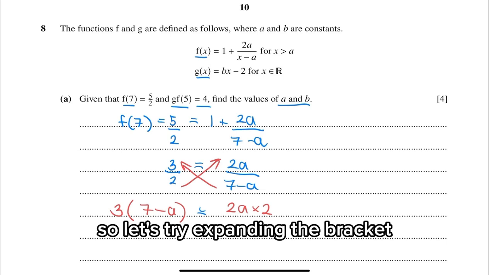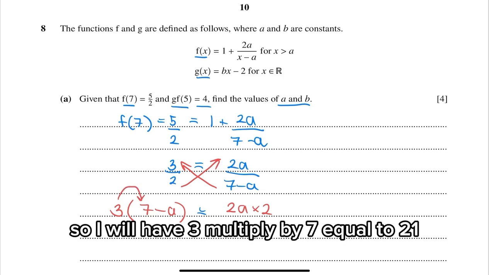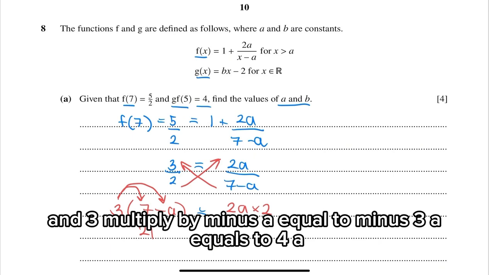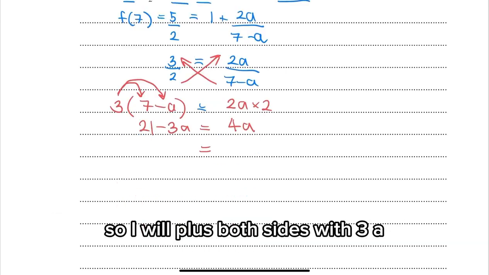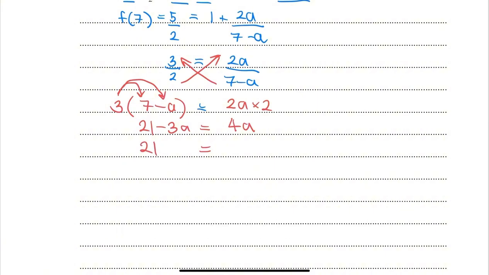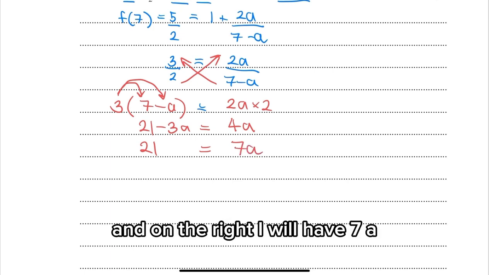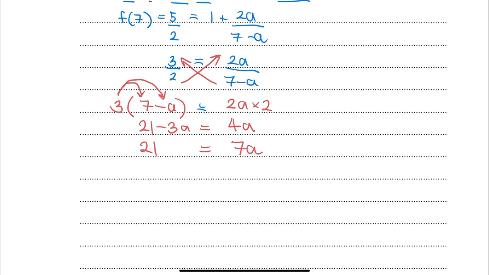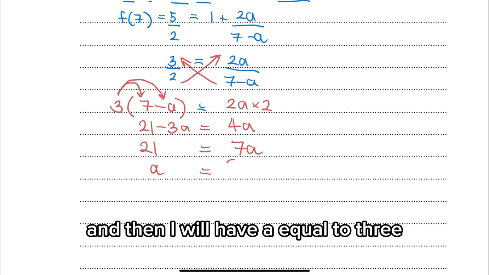So let's expand the bracket. 3 multiplied by 7 is 21, and 3 multiplied by minus a is minus 3a, equals 4a. So I will add 3a to both sides. On the left I will have 21, and on the right I will have 7a. And then I will have a equal to 3.